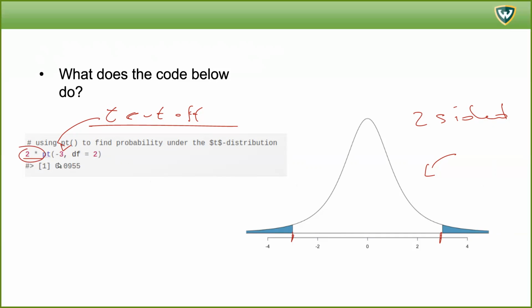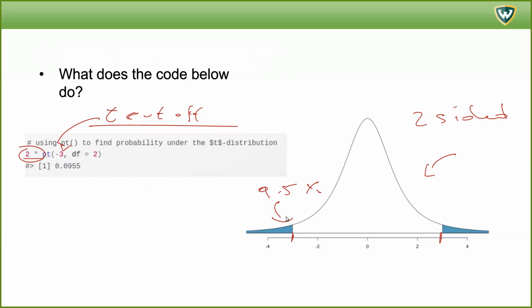It defaults to the negative, which is kind of weird, so if you put in the positive, you might need to subtract it from 1. So you put in, what's the probability of t when you have minus 3 and degrees of freedom 2? 0.0955, which is 9.5% or 0.095.